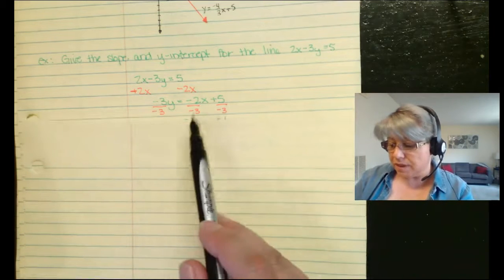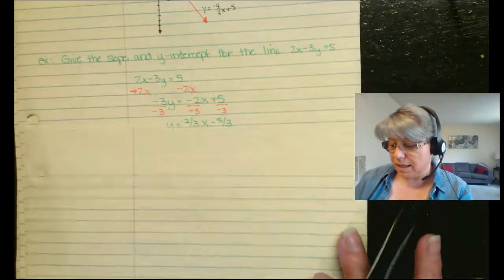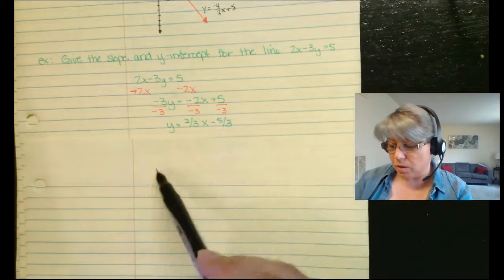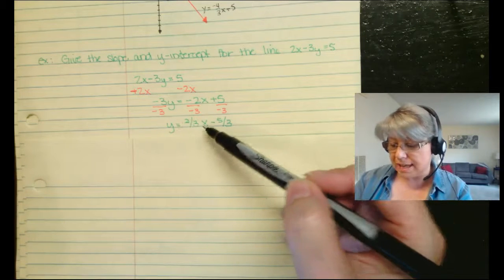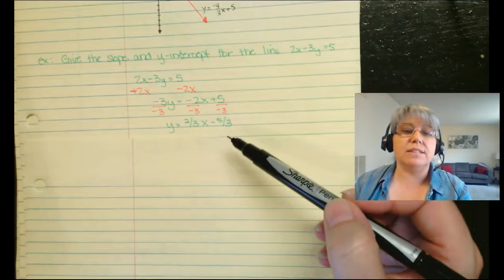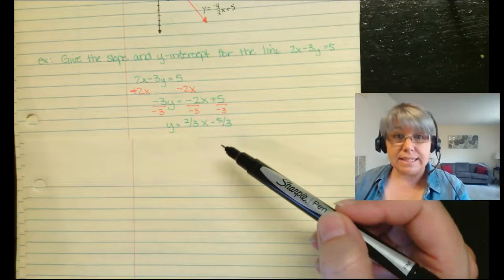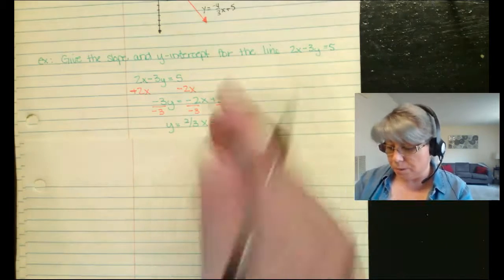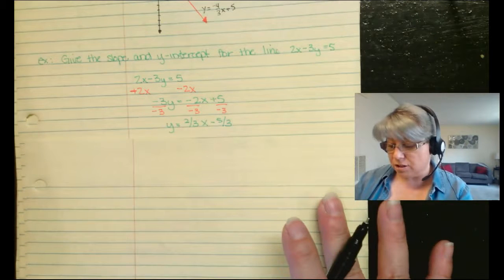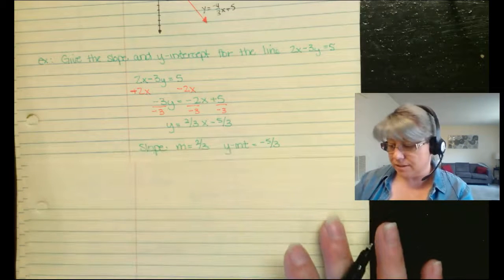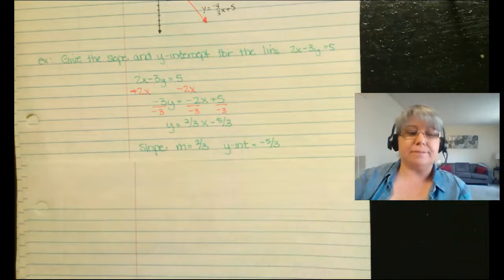That will give us y equals 2/3 x minus 5/3. Now I can see pretty clearly that my slope is 2/3 and my intercept is negative 5/3, my y-intercept.